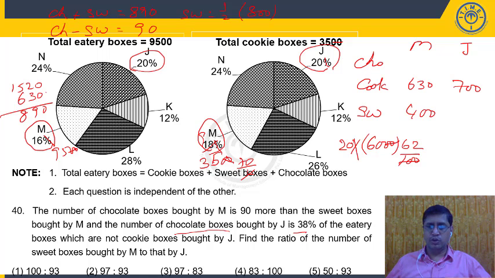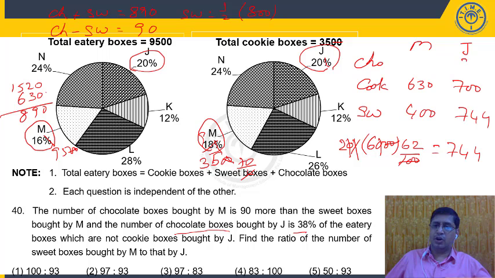Now simplify this. 2 into 6 is 12, 12 into 60 is 720. 720 plus 24 is 744. So 744 is the sweet boxes. 38% are the chocolates means remaining 62% are the sweet boxes, so the 62% value is equal to 744.